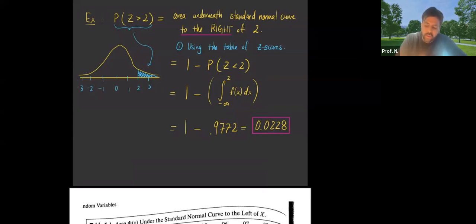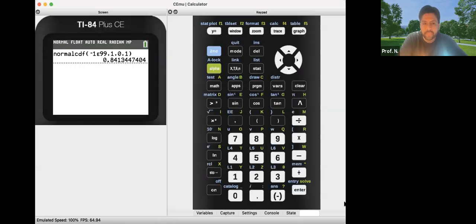Now, when you use your calculator, you don't need to talk about the complement, however. There's no need for that. You can straight up find it. So using the calculator, all I have to do is be aware of my parameters. So I want to find the area to the right. So I go to my calculator and I use the same function.